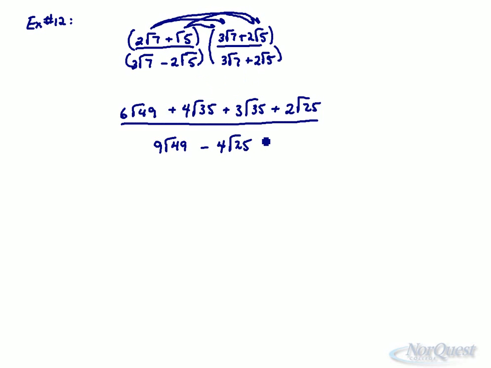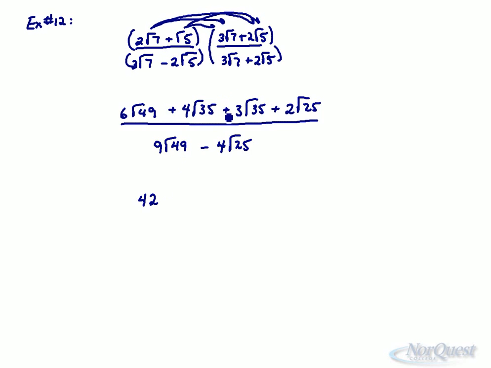Now we're just going to do a bunch of simplifying. The root of 49 is a perfect square. That's 7. 6 times 7 is 42. The root of 35 does not have a perfect square in it. So we'll leave that. We also know that the other term has a 3 root 35.